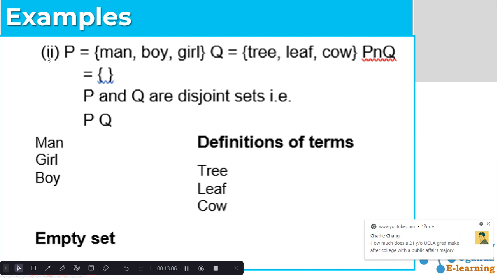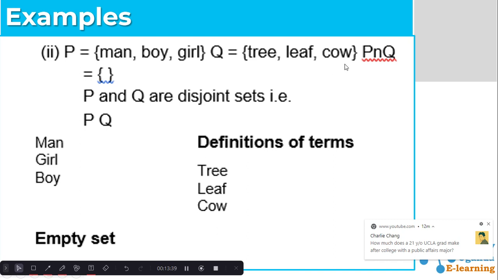They gave us various sets, a set P and a set Q, each with members. In our set P we have a member called man, a member called boy and a member called girl. Then in our set Q we have a member called tree, a member called leaf and a member called cow.